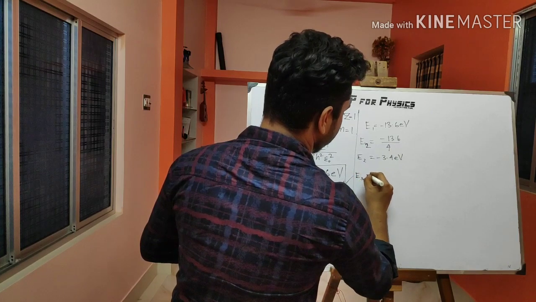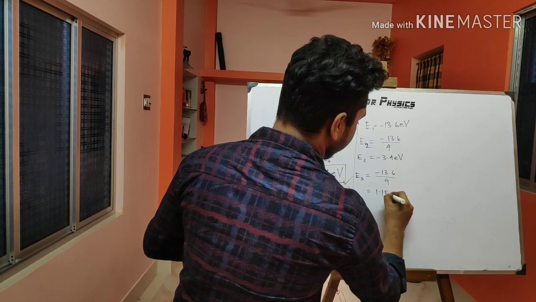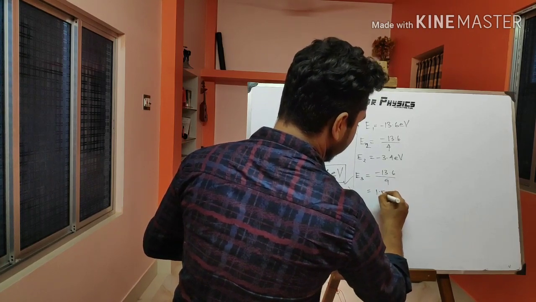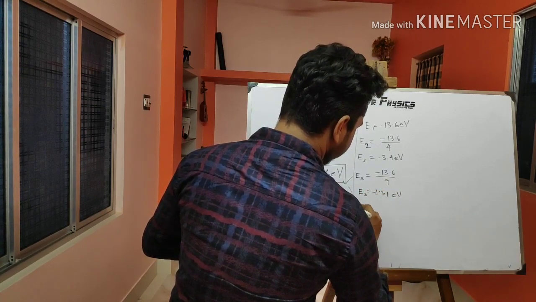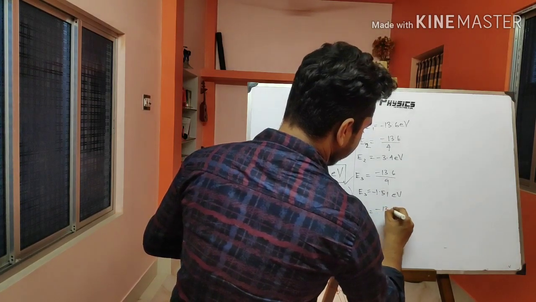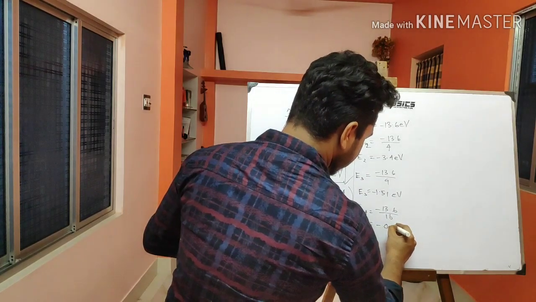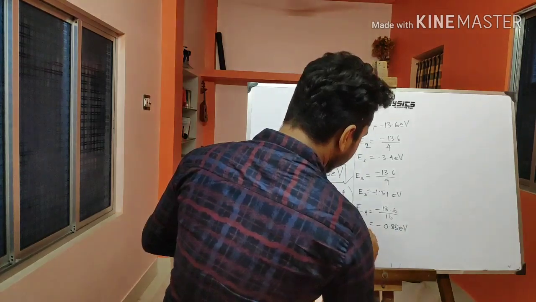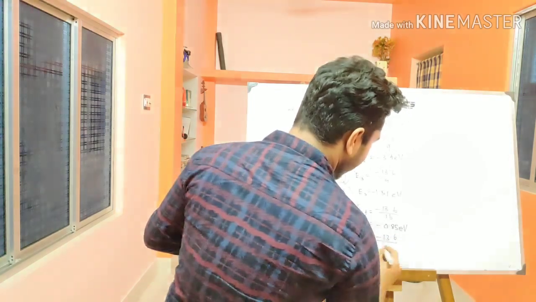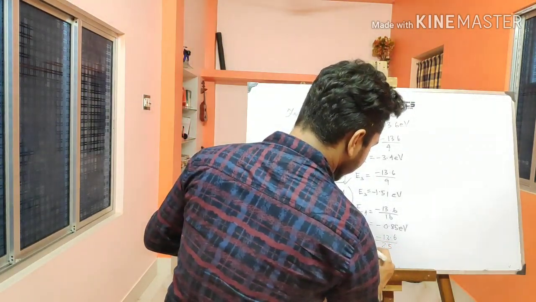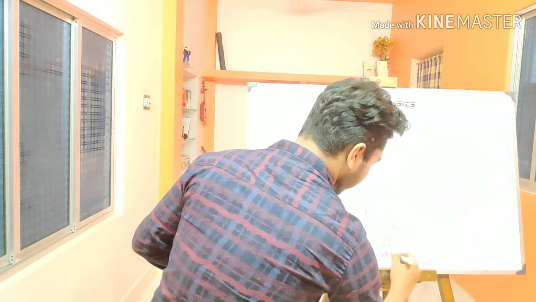Now for E3 we will have by 9, which is equal to 1.51 electron volt, obviously negative. And E4 is negative 13.6 by 16, which is negative 0.85 electron volt. And if we need more, by 25, and it should be negative 0.54 electron volt.